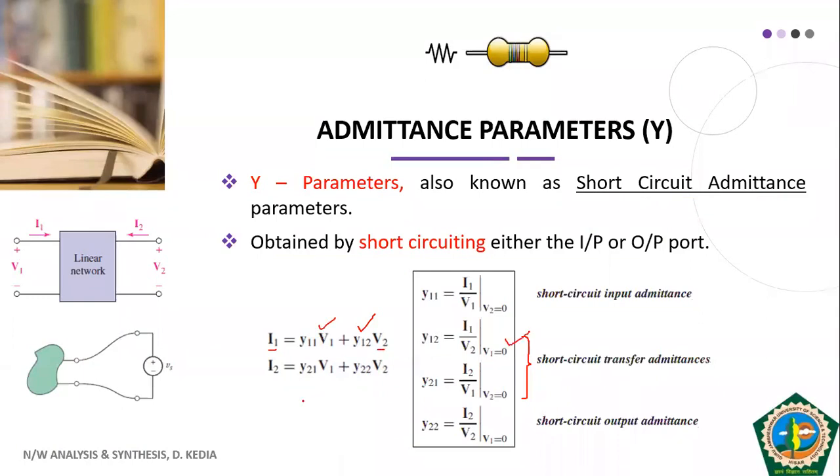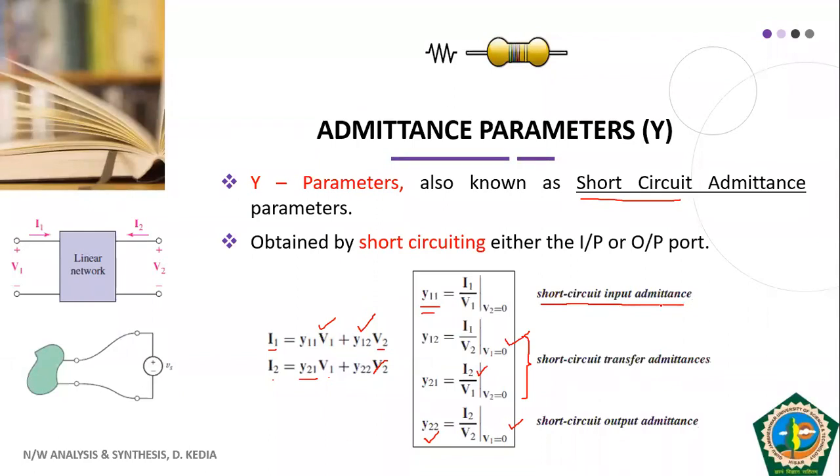Similarly, if you want to obtain Y21, Y21 will be equal to I2 upon V1, given that V2 is 0. And similarly, Y22 is nothing but I2 upon V2, given that V1 equals 0. So we have either V1 equal to 0 or V2 equal to 0. That's why we call them short circuit parameters. And the individual name for Y11 is short circuit input admittance.